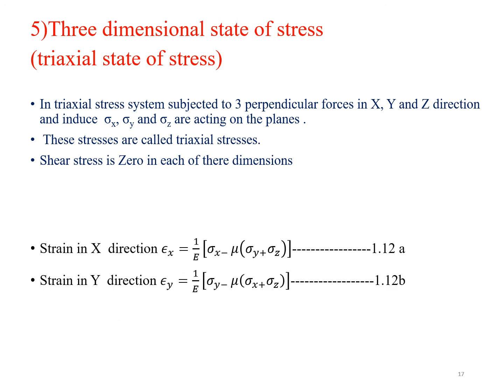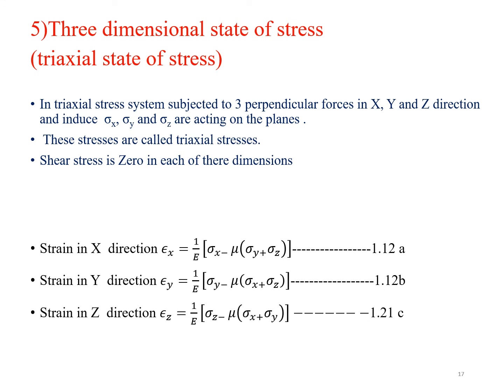The equation for strain in the x direction is epsilon x equal to 1 by E into sigma x minus mu into sigma y plus sigma z, which you can get in the data handbook, 1.12a. And strain in the y direction, epsilon y, is equal to 1 by E into sigma y minus mu into sigma x plus sigma z, available in the design data handbook with equation number 1.12b.